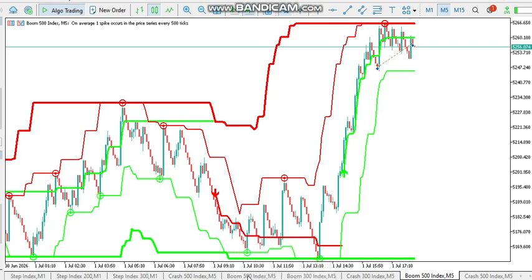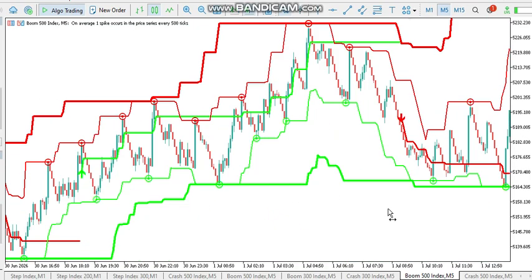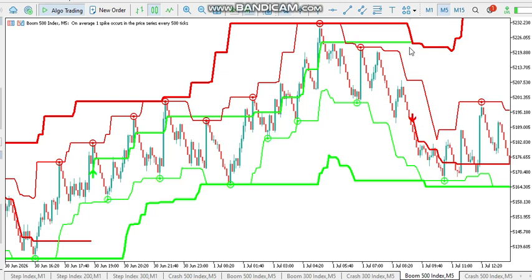Our take profit is going to be when the green line reaches our resistance level, like this particular area, or this particular area. So you can decide to wait for the best trade in the market. We have another one like this.